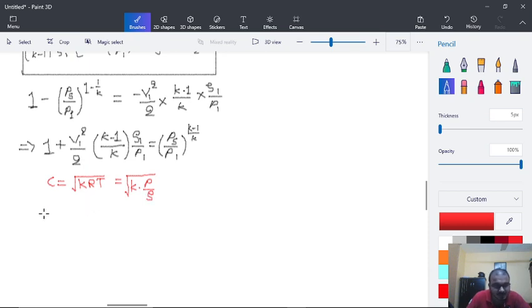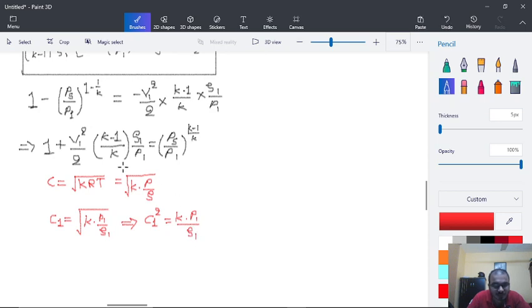So for C1 we can say C1 is equal to square root of K into P1 upon rho 1. So this means that we can write C1 square is equal to K into P1 upon rho 1.